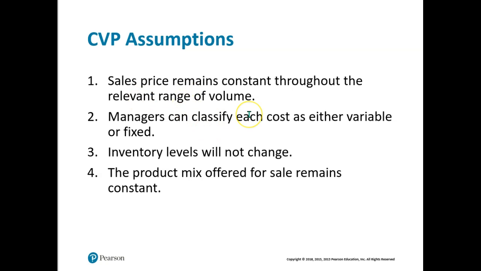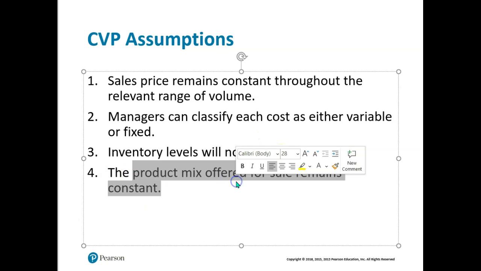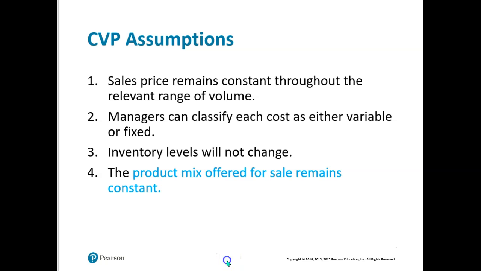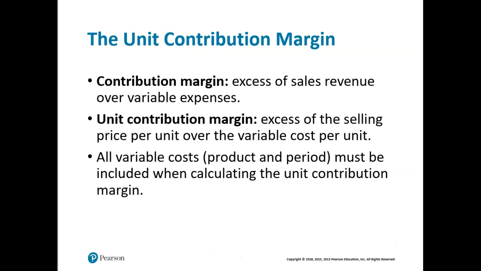But managers can actually classify costs as variable or fixed. Okay, you might have to take a mixed cost and pull it apart. That inventory levels do not change, and that the hard one is that the product mix offered for sale remains constant. That's the one that's the tricky one, okay, because the mix changes. But that's what we've got to assume.